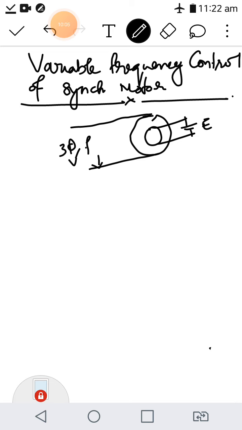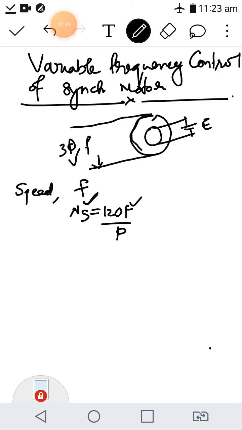And we know that to control the speed of a synchronous machine, we can control frequency. Why? Because Ns equals 120 f by p. So if you vary frequency, Ns varies. Ns varies means the speed of the rotating magnetic field changes. That is actually the rotor speed. So you can control speed by changing the frequency.